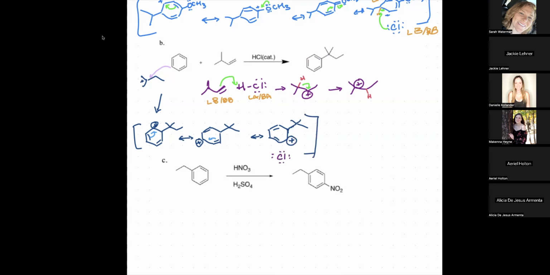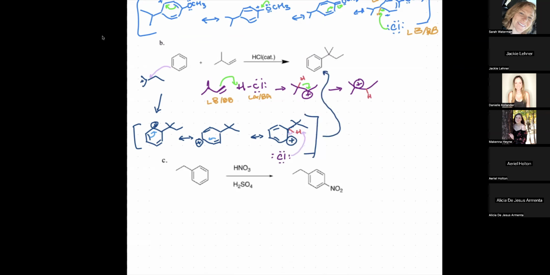And it's going to come in and take our hydrogen, and this is going to go here to fill that in so that we get our benzene ring back, right?